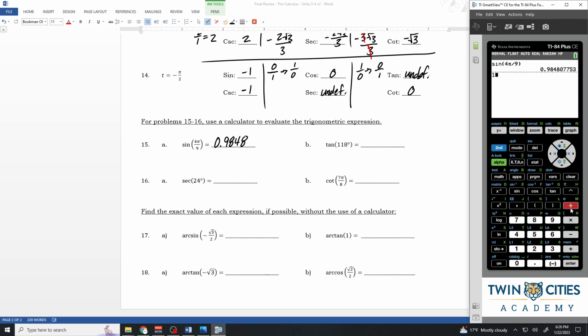So if I do 1 over the tangent of 7 pi over 8, this is negative 2.414. That is the same as the cotangent of 7 pi over 8.